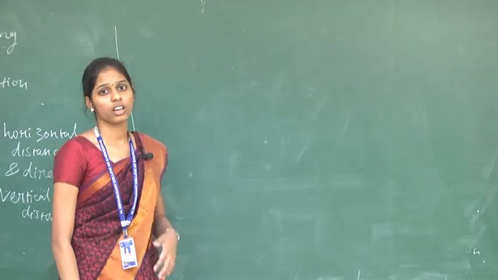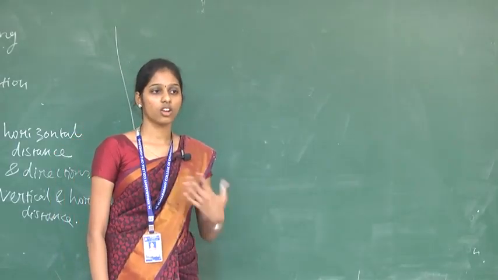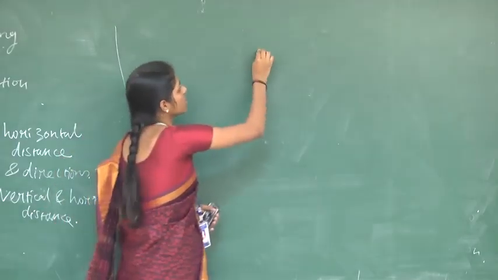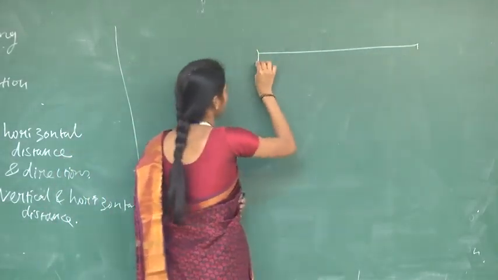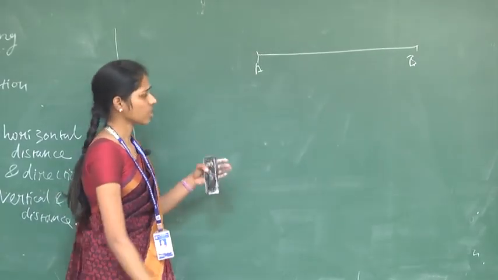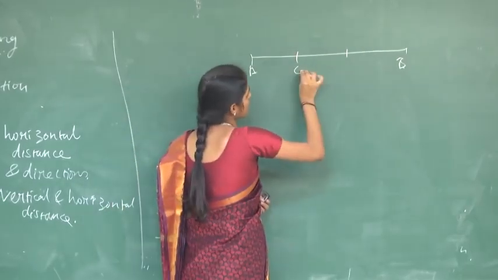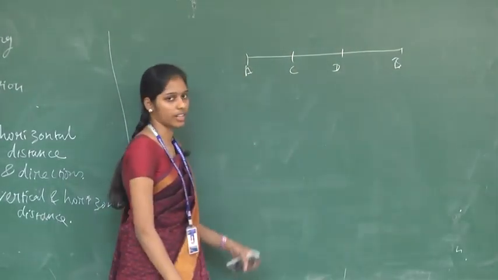Before chaining, we have to know about ranging. What is meant by ranging? In order to specify distance from A to B with the help of chain, the intermediate stations C and D should be plotted.